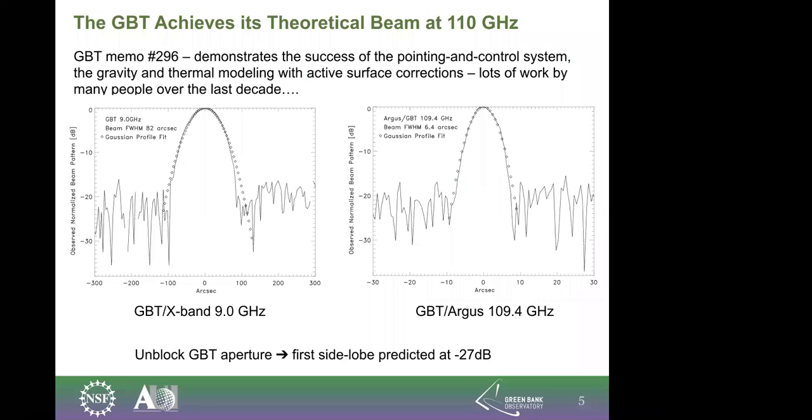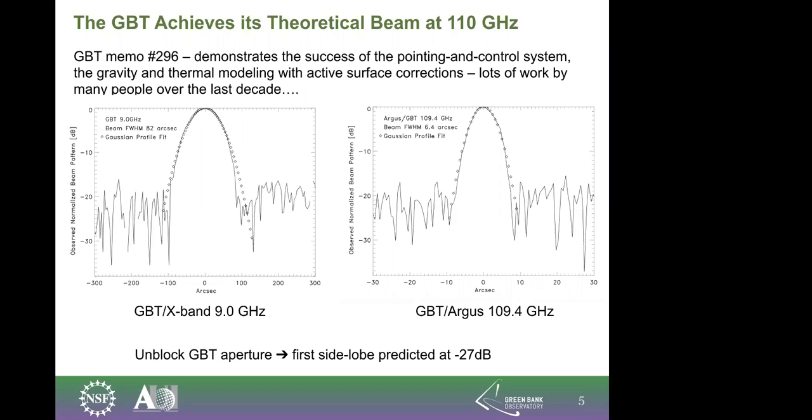The GBT achieves its theoretical beam at 110 gigahertz. This is all described in a memo from several years ago, memo number 296, and it demonstrates the success of the pointing and control system.